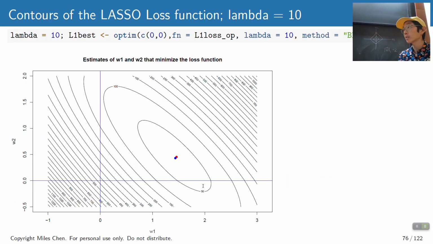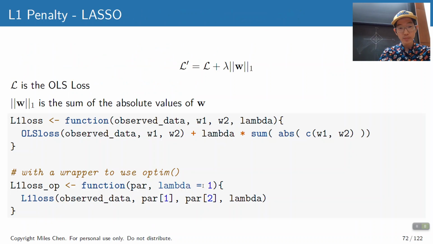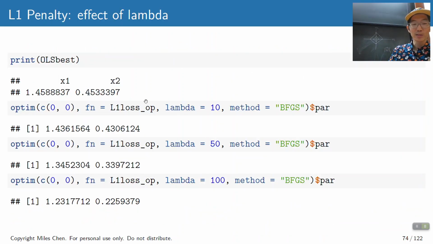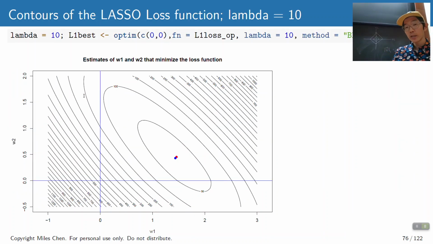This is a plot. Here is the original OLS loss function, and this red dot represents the weights for x1 and x2 that minimize that function, 1.458 and 0.453, okay? And this is the contour of the lasso loss function, which is a combination of the OLS loss plus the L1 norm.